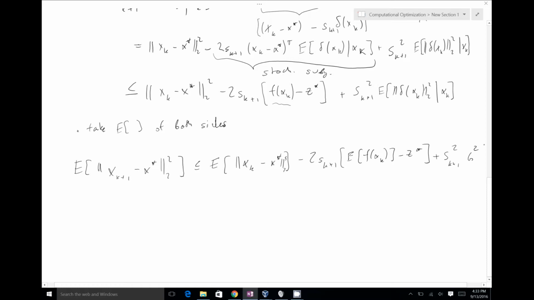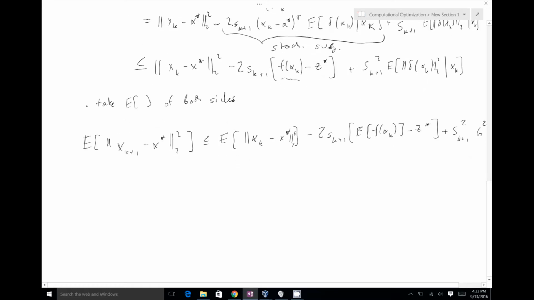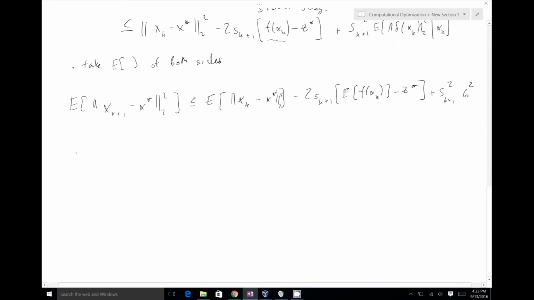So let me just do that. If you roll out this inequality recursively, what you get is that the expectation of xk plus 1 minus x star is less than or equal to the expectation of x naught minus x star.